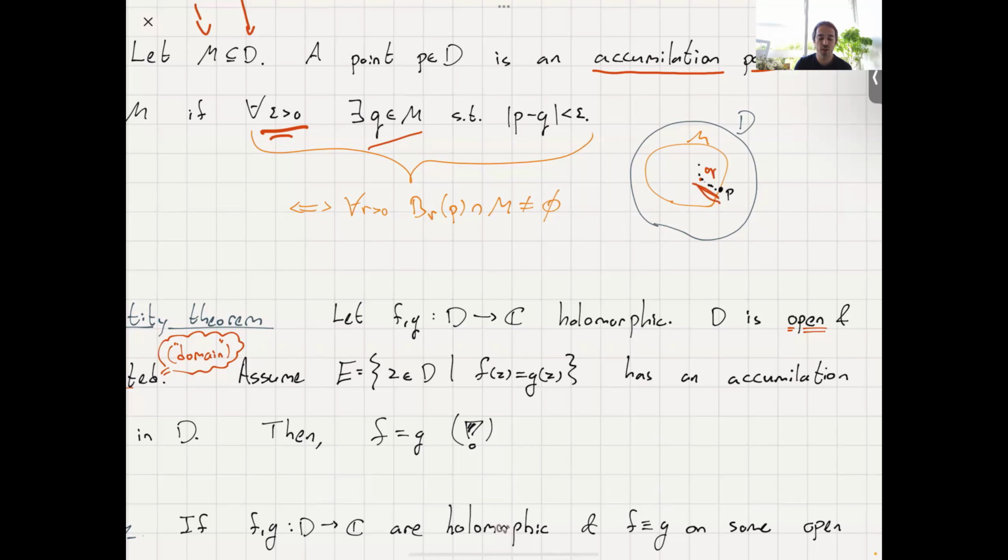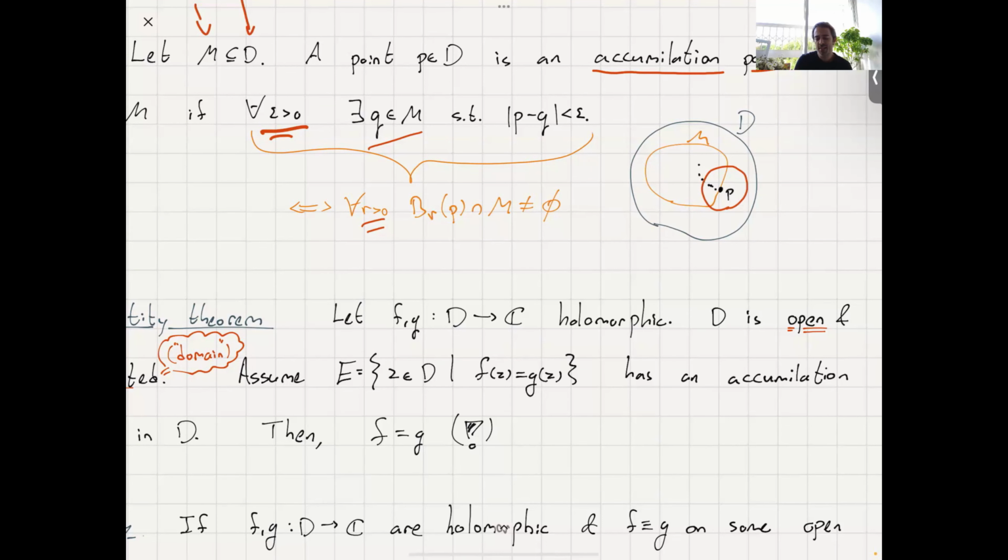You can find a point Q in M whose distance from P is at most epsilon. Put differently, for any ball around P, for every positive radius R, if you take a ball around P, it will contain points from M. Okay, it's the same thing. And that point will be Q from before, epsilon is R, and so forth.